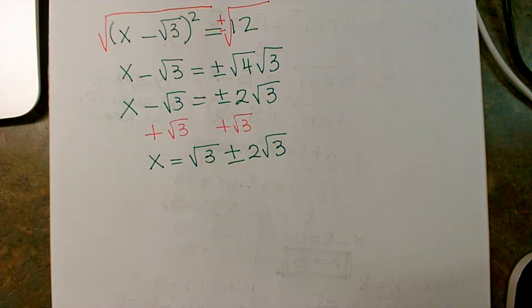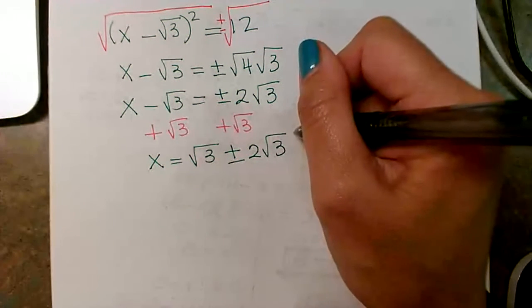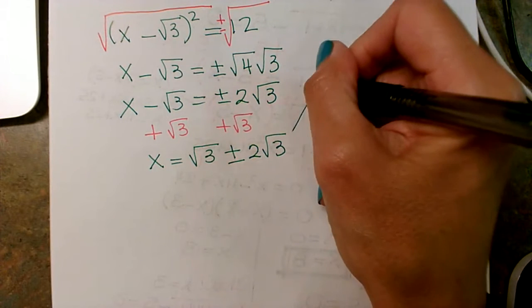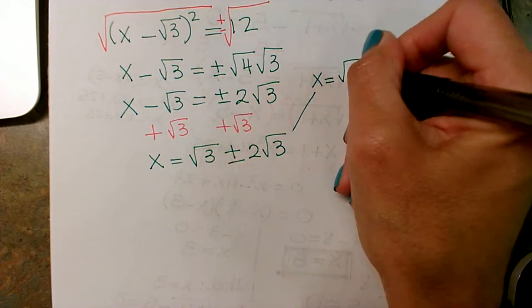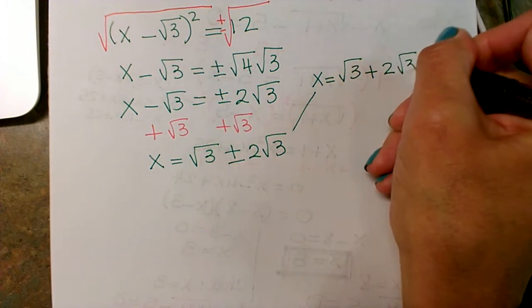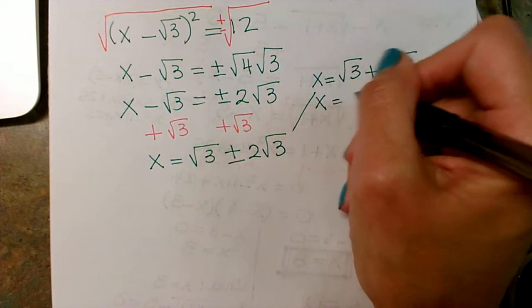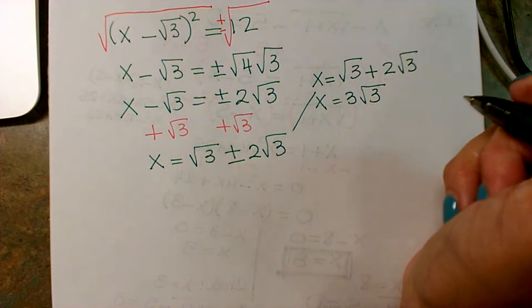So let's do the solutions. One solution is going to be x equal to the square root of 3 plus 2 square root of 3. What is this equal to? 3 square root of 3, right?